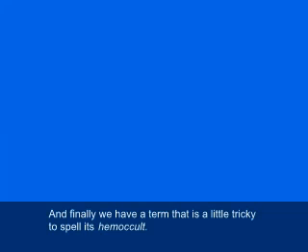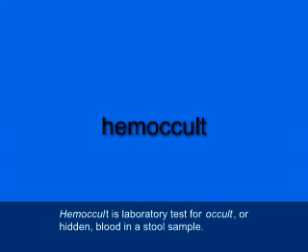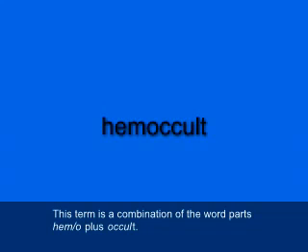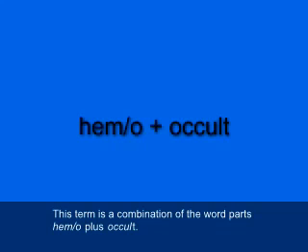And finally, we have a term that is a little tricky to spell. It's hemoccult. Hemoccult is a laboratory test for occult or hidden blood in a stool sample. This term is a combination of the word parts hemo, H-E-M-O, plus occult, O-C-C-U-L-T.